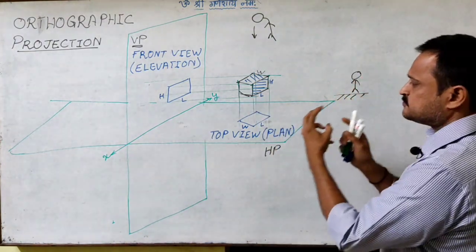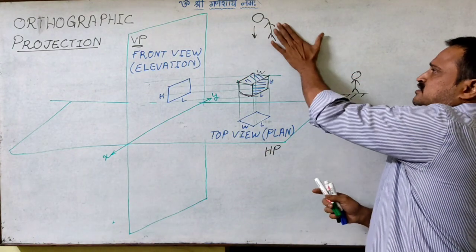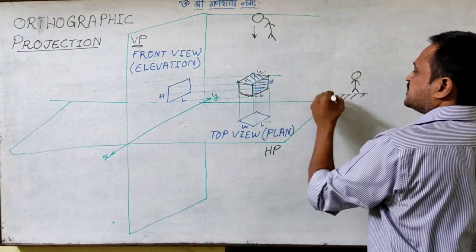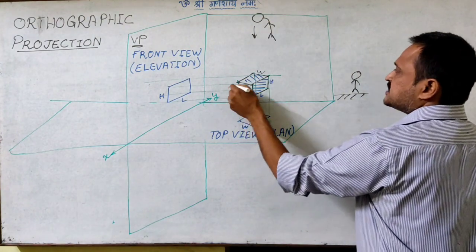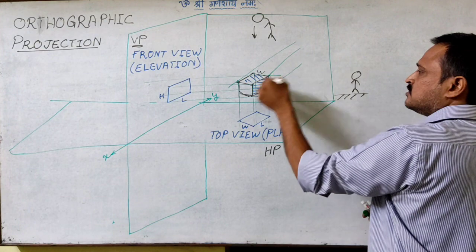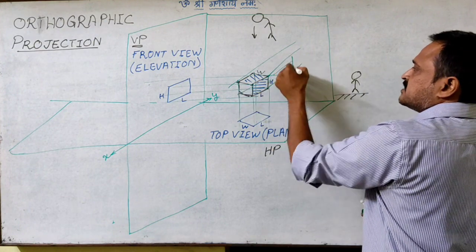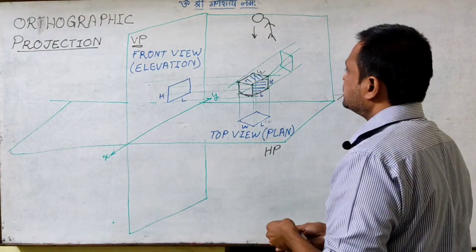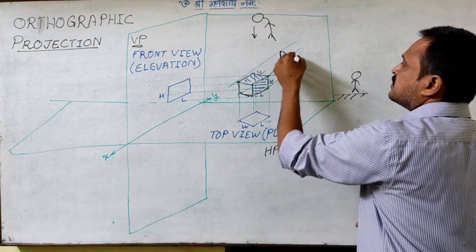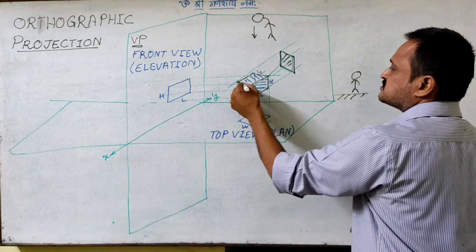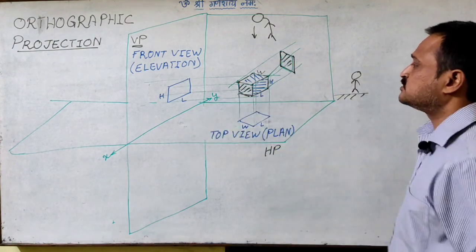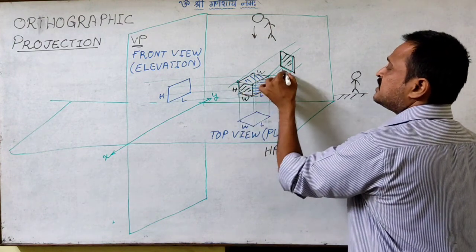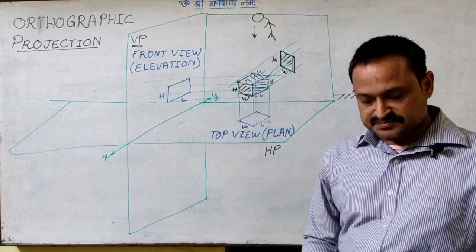So when I move to my left, again I need to take a reference plane. In that case, the projectors will be perpendicular to it, and I'll be getting the profile view on the profile plane. So this is the side which I'll be able to see, and I'll be able to see the width and the height in the image.